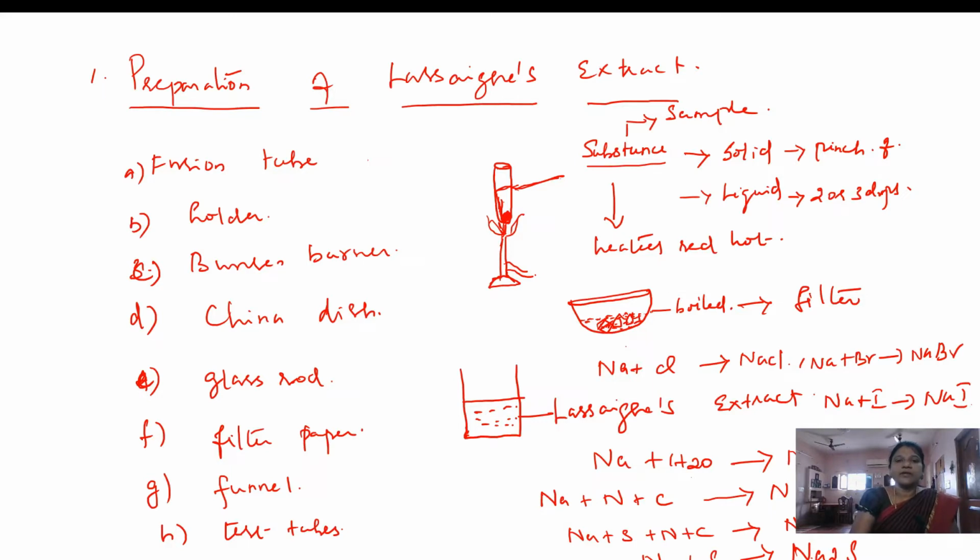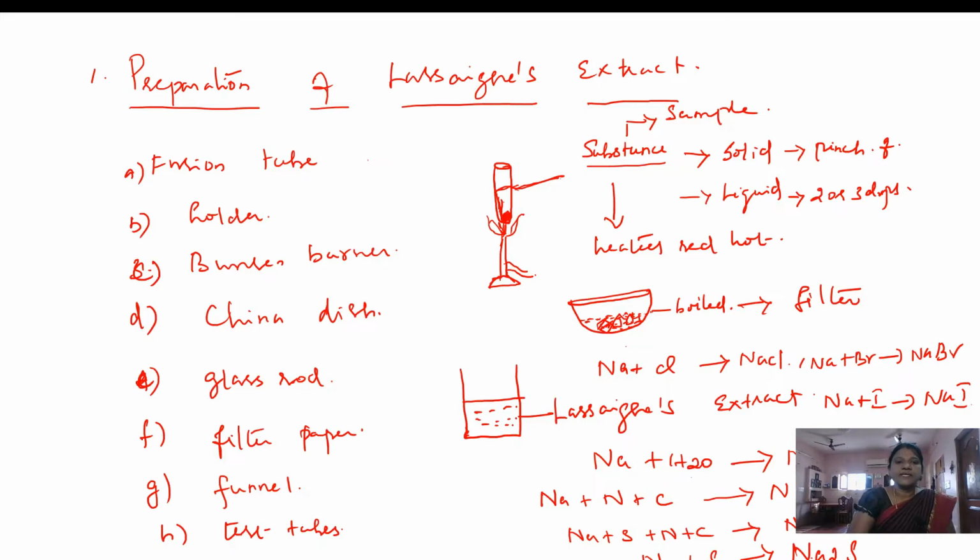Therefore, we could not find out the absolute functional groups present in an organic substance just by looking at its color, observing its smell, and looking at its physical state.